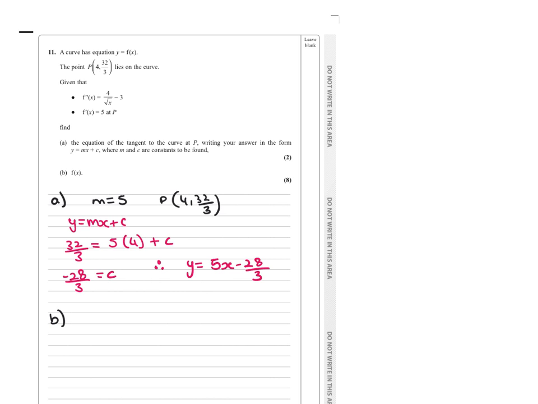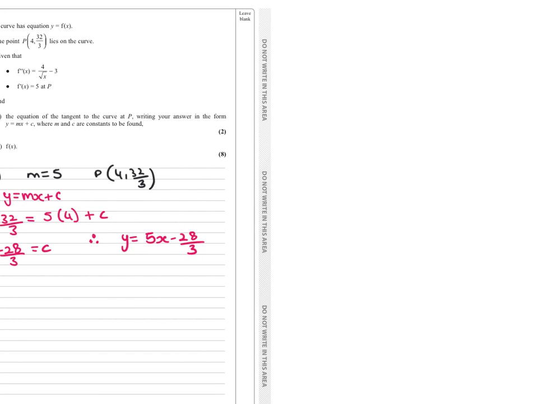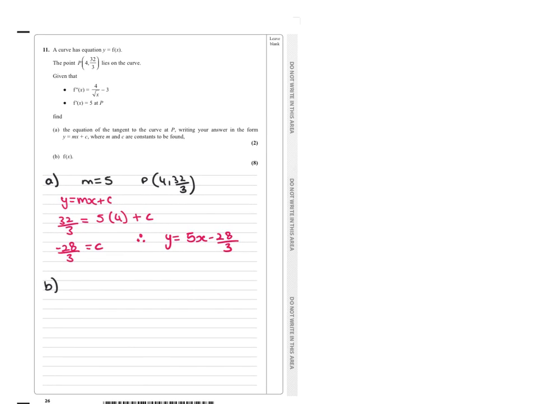find f of x. Okay, so I'm going to have to integrate twice because they've given us the double differential, and also make sure I'm finding my constant of integration. Okay, so I'm going to start up here.